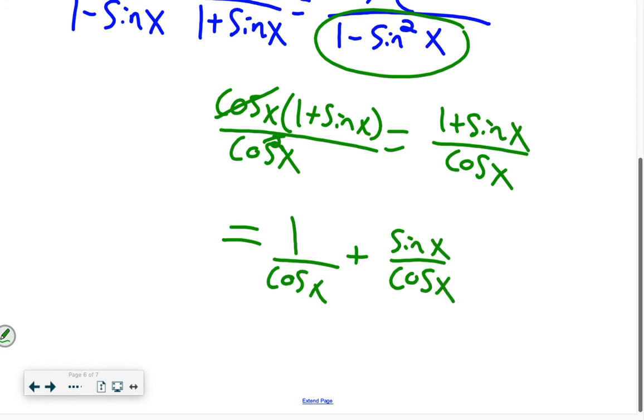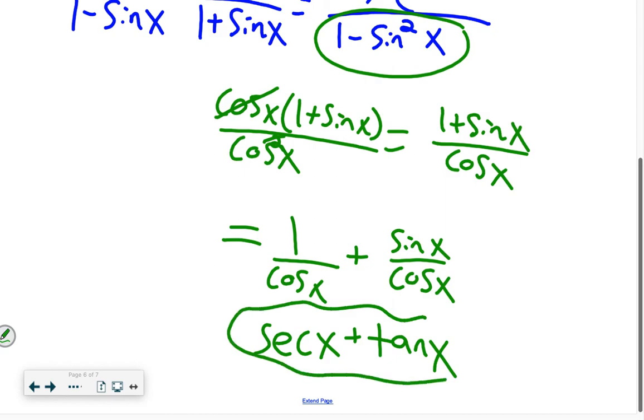You guys agree I can do that? Okay. Well, 1 over cosine of x equals secant of x, right? And sine of x over cosine of x is tangent of x.